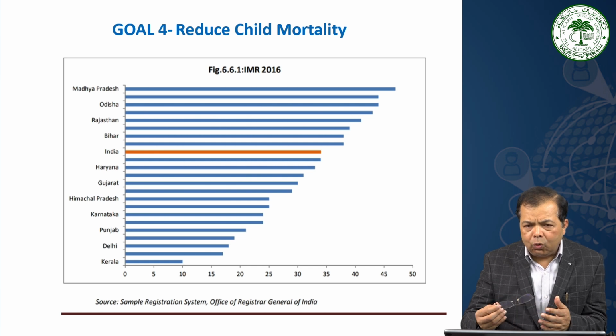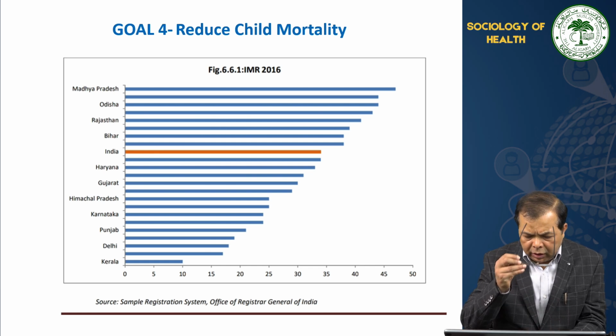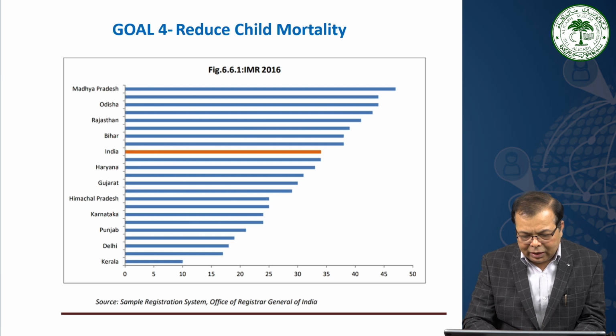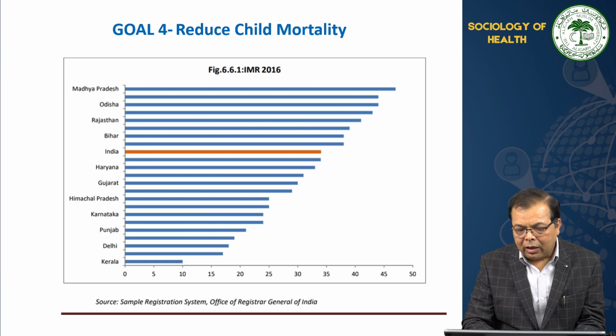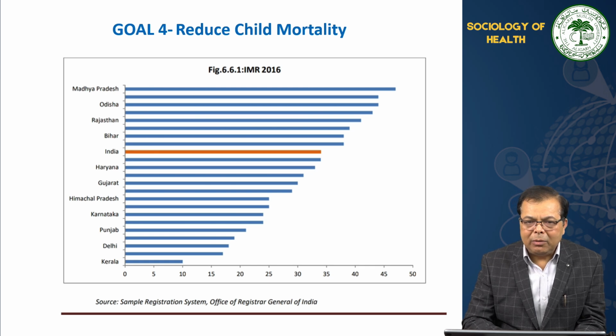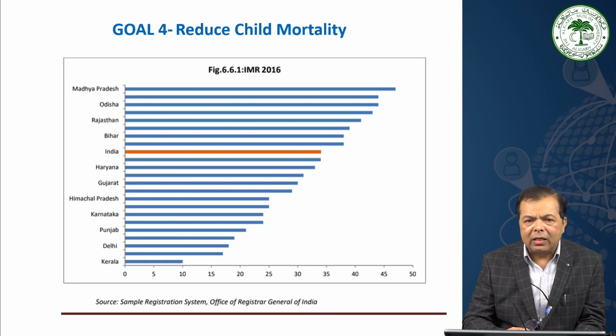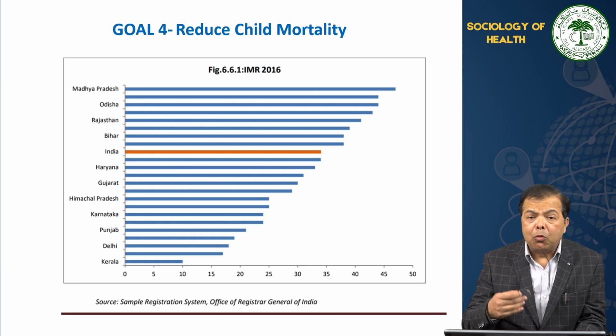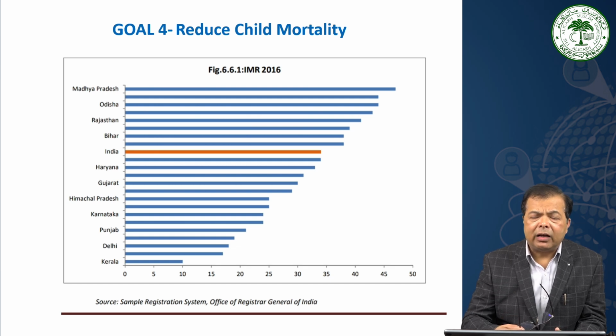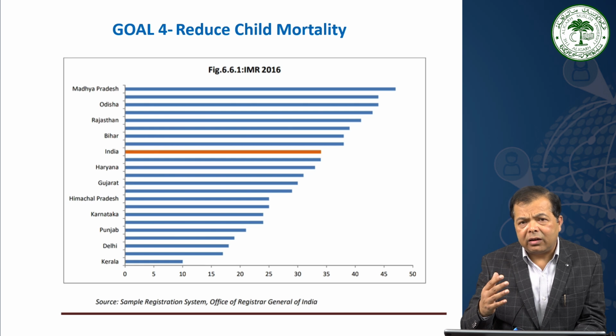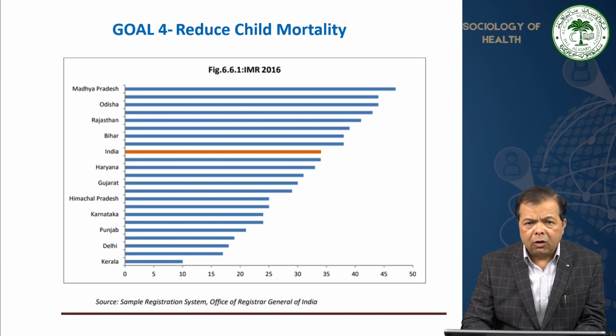If we look at this graph, we see that the prevalence rate in Kerala is 10, whereas the prevalence rate in Madhya Pradesh is more than 45. That means if we compare the states of India, the prevalence in some states is more than 4 times the prevalence in some other states. That means interstate disparity is the biggest challenge. Some states have performed very well, whereas some states are lagging behind.